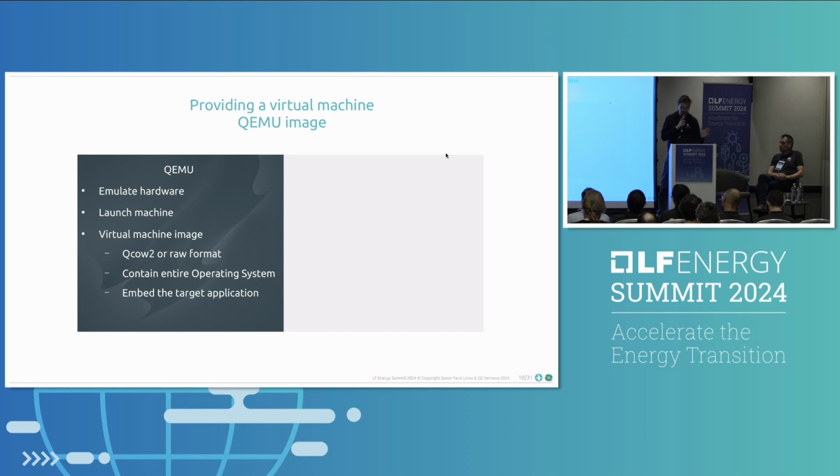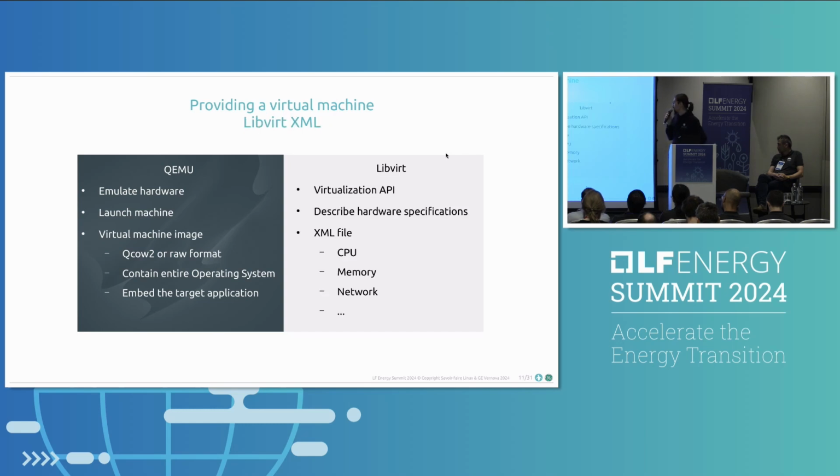The second part of that is what do we need as hardware? Because we emulate hardware, what do the virtual machines need? And that is a simple XML file, a libvirt XML file, in which we describe how many CPUs we want, how much memory, RAM or disk, network interfaces, do we need a keyboard or USB key, I don't know.